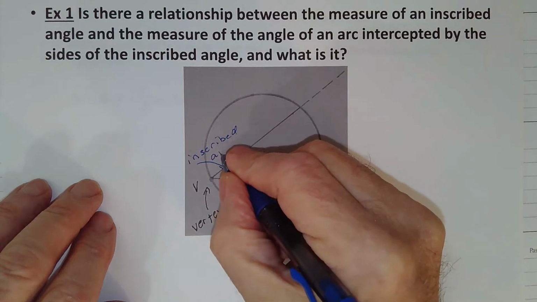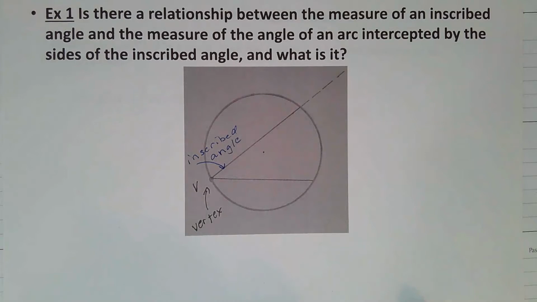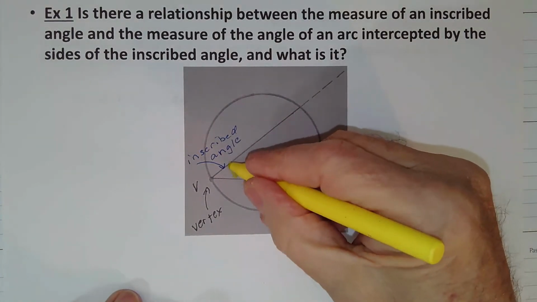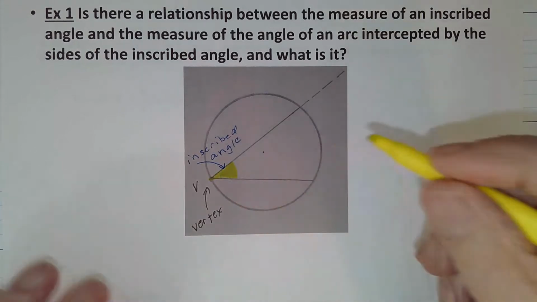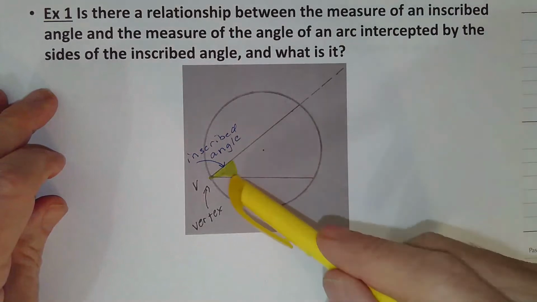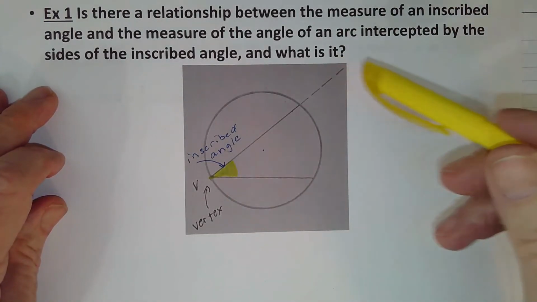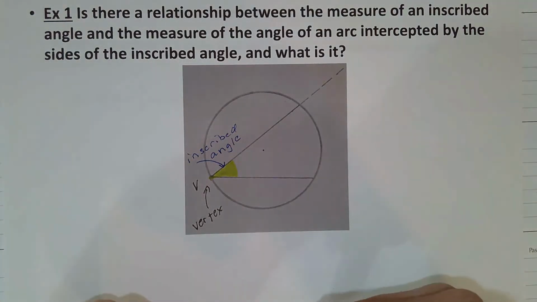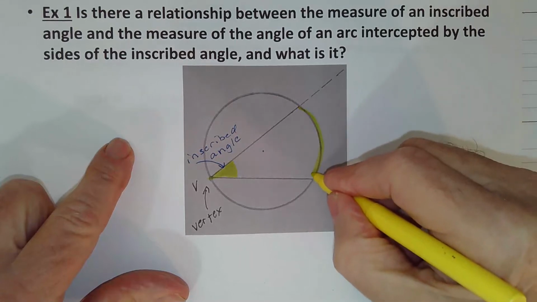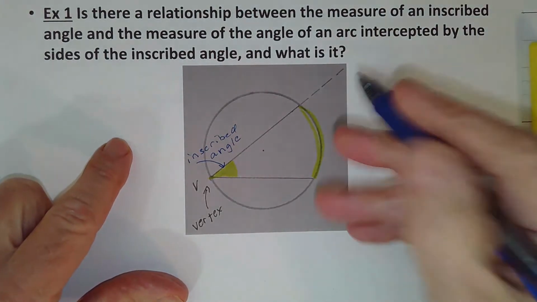I did not finish this drawing because I wanted you to get the benefit of the creation of it so that you would better understand what you're doing. So that's the inscribed angle, and they want to know if there's a relationship between that and the measure of the arc intercepted by the sides of the inscribed angle. The arc, that's this. It's intercepted by the two sides here. So this is the intercepted arc.